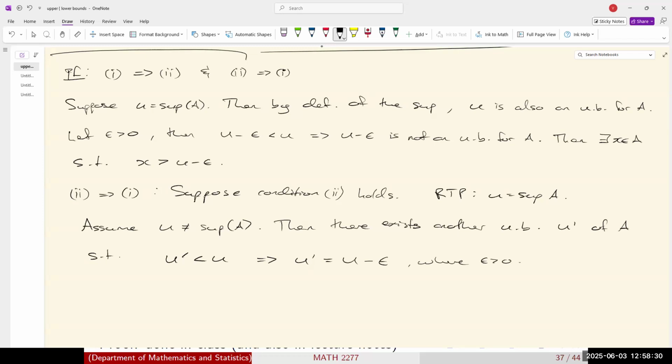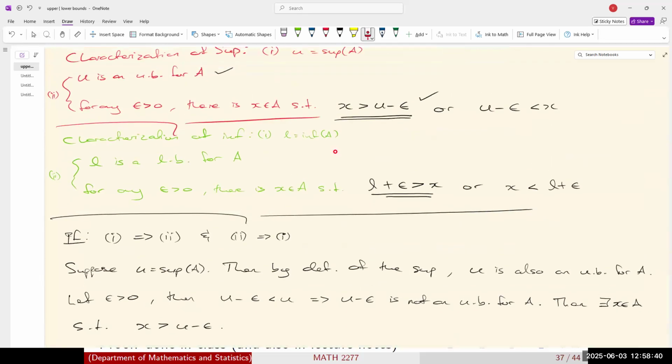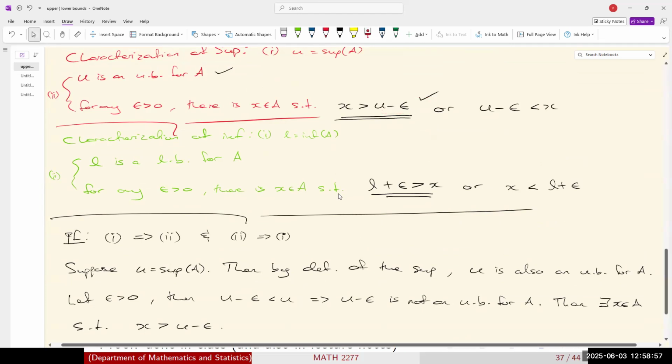So now I'm going to apply, because remember, I assume condition 2 holds. So I'm going to apply this part here. This part is saying, remember, I assume this is true. So I'm going to apply this. This says that for any epsilon, I could find an element in A which is bigger than this number, u minus epsilon.